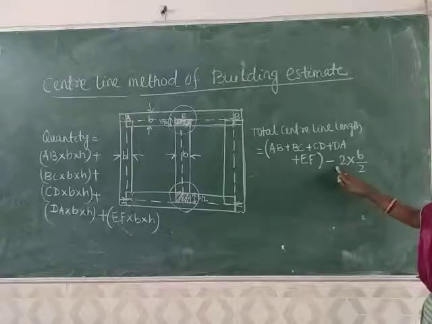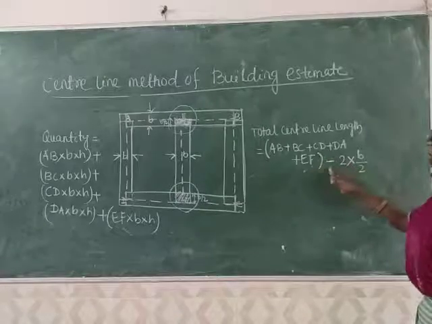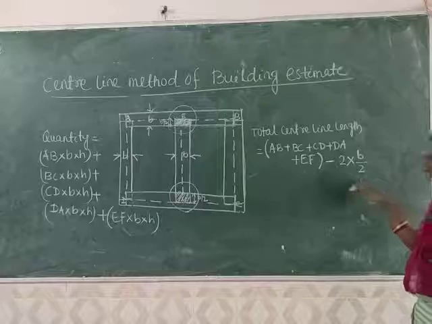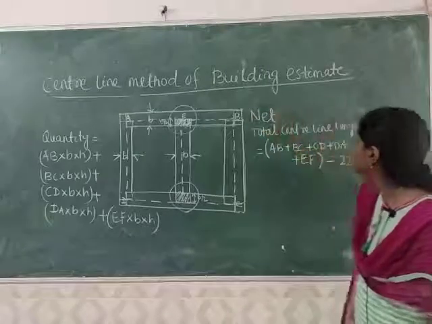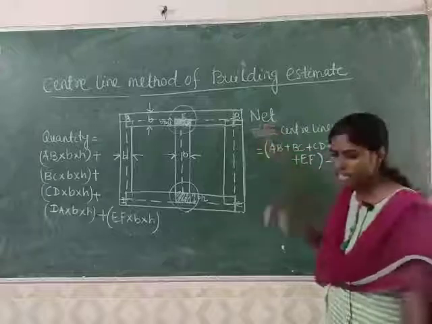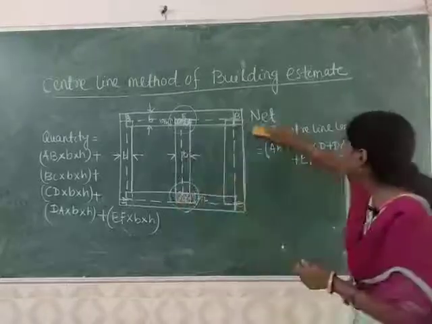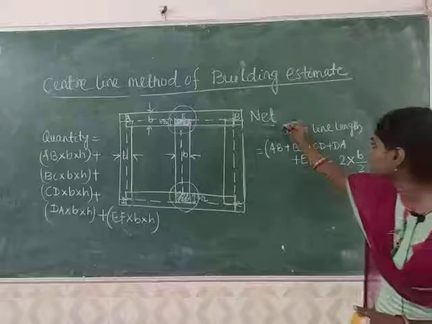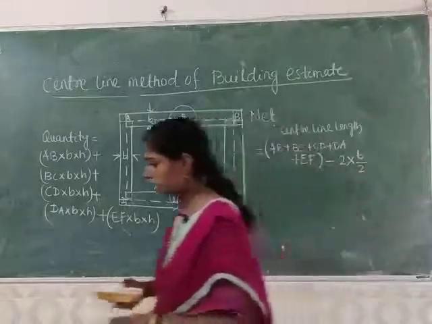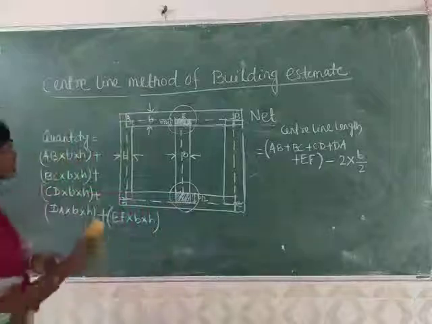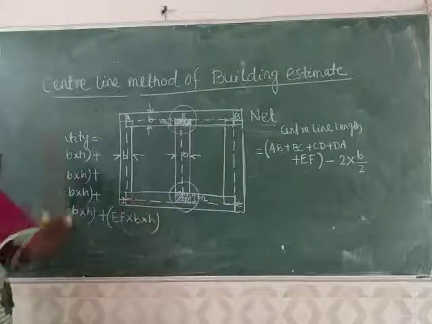So, we can write it as total center line length minus 2 into b by 2. This is our net center line length, and when we multiply this center line length with our breadth and corresponding height, it will give us the total quantity.